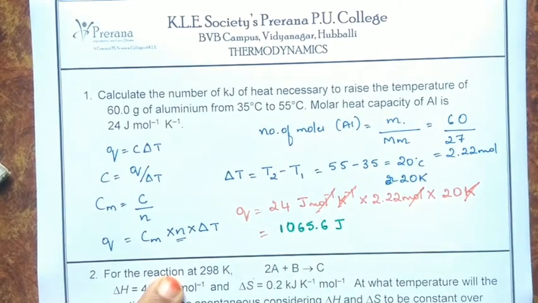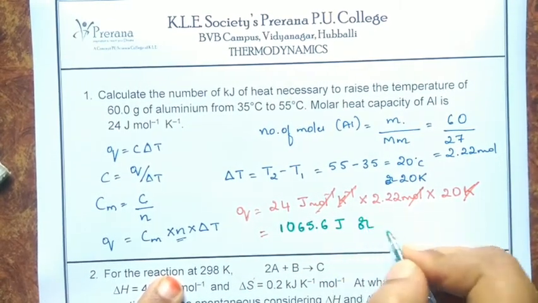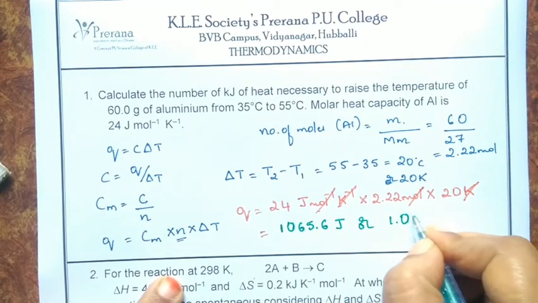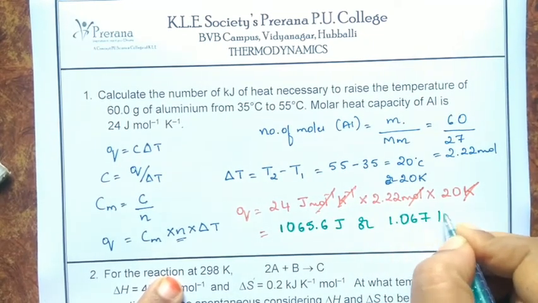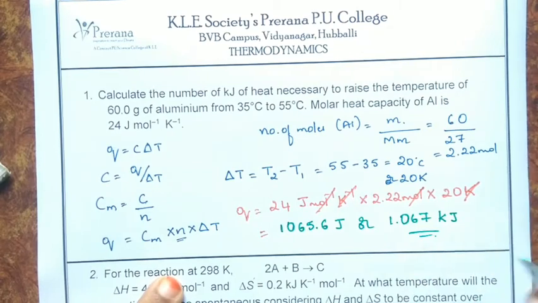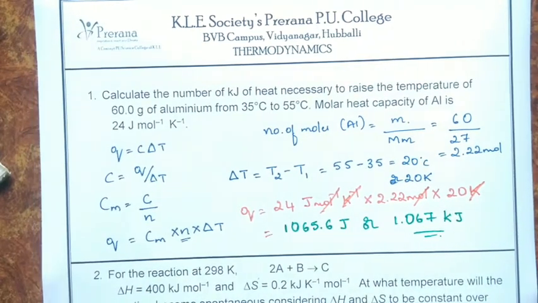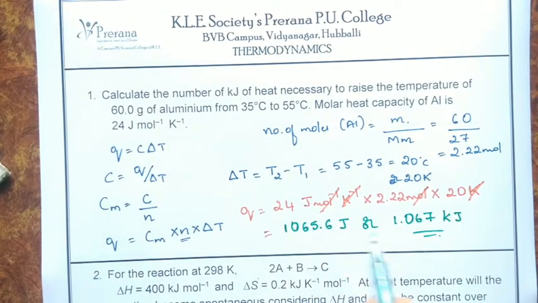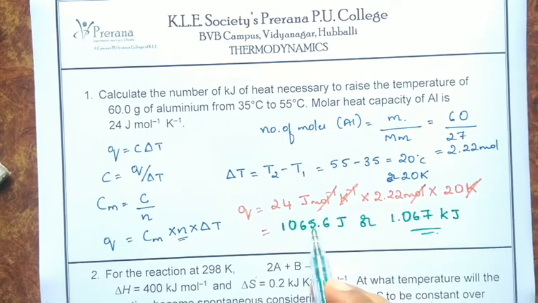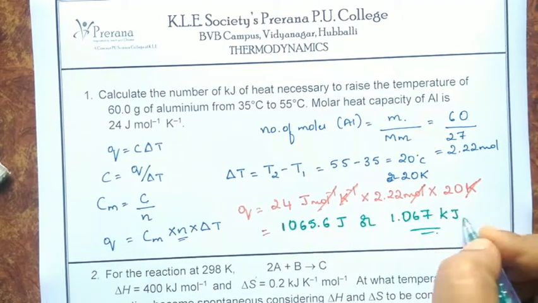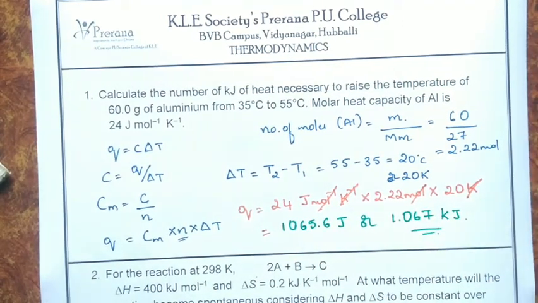1065.6 joule. And this can also be written as 1.067 kilojoule, if rounded off, or 1.065 kilojoule. Clear?